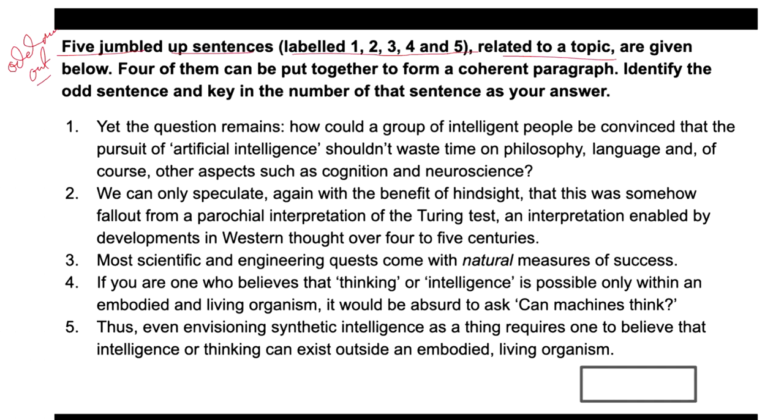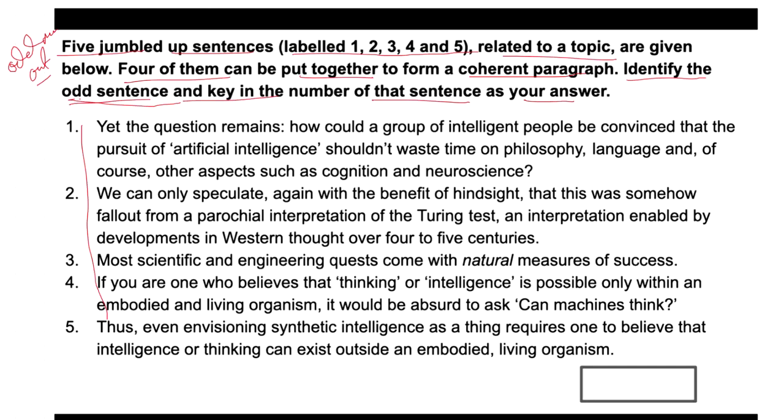Four of them can be put together to form a coherent paragraph. So what we need to do is identify the odd one out, or the odd sentence, and key in the number of that sentence as our answer. Now, to identify the odd sentence out, let's analyze the coherence of each sentence with the others, isn't it?